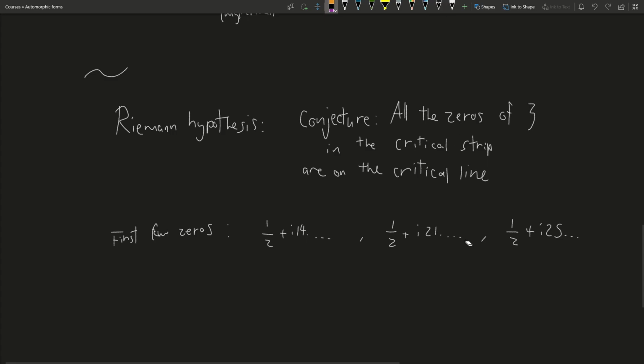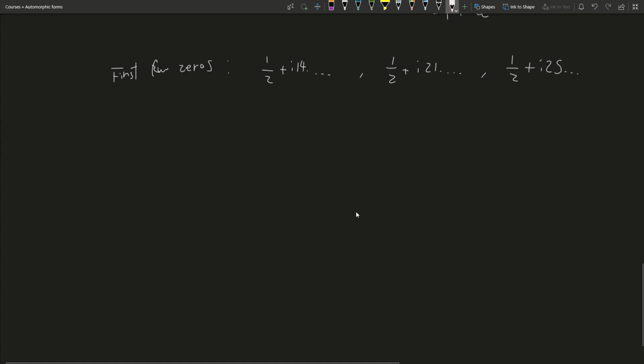So if you see these, 14, 21, 25, maybe that's a hint that whatever you're doing actually involves the zeros of the Riemann zeta function. So these are, like I said, called the non-trivial zeros.